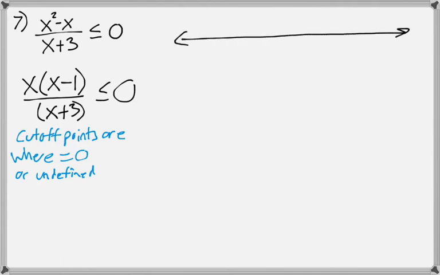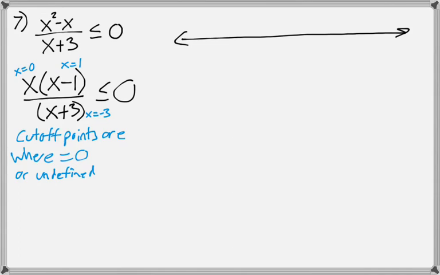So this would be 0 at x is equal to 0, and x is equal to 1. This would be undefined at x is equal to negative 3, because negative 3 would make my denominator 0, but we can't have the denominator be equal to 0.